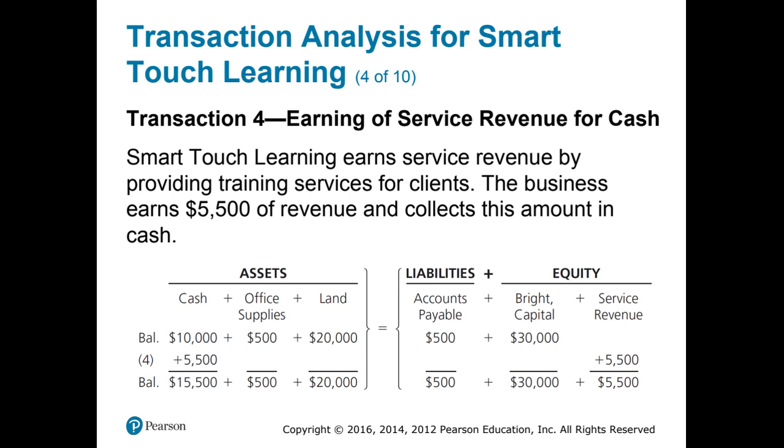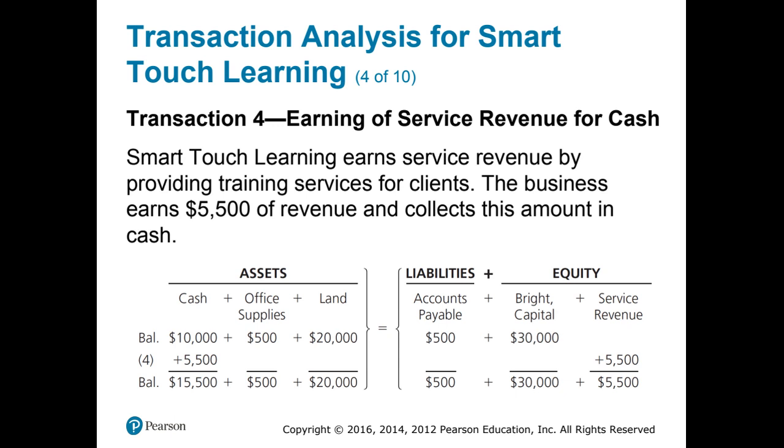We've received this cash, so our cash increases by $5,500. And we performed this service, this is our revenue.